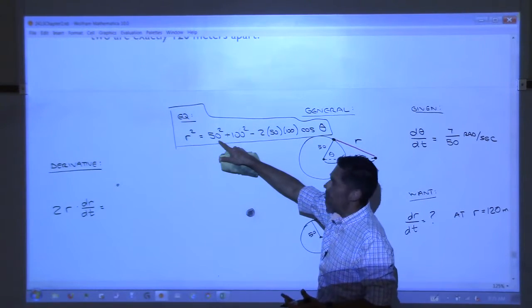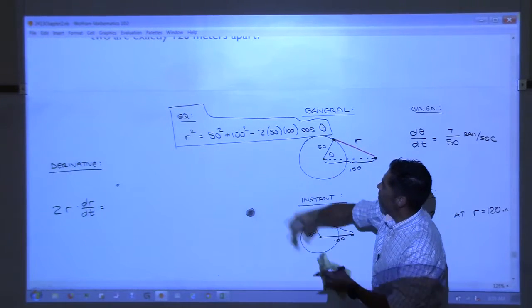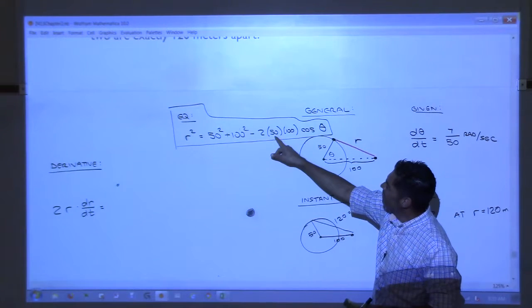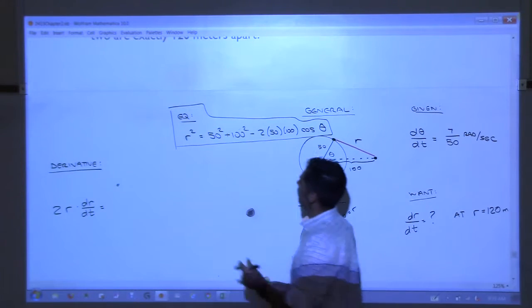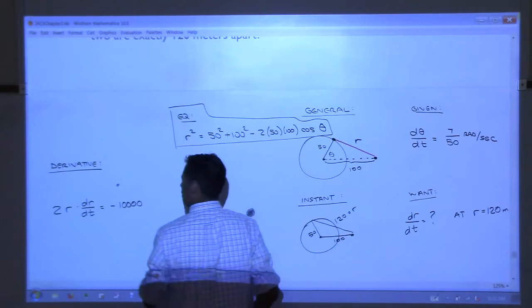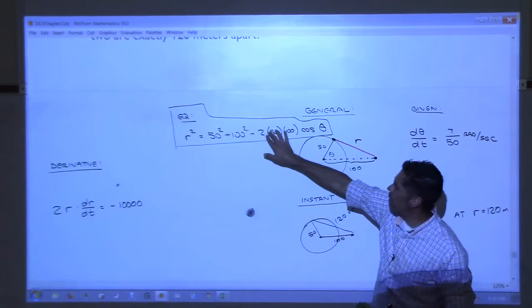It's a constant by itself. Plus the derivative of 100 squared, 0. Minus, now look, all of these constants are attached to this, so they have to be included. 2 times 50 is 100, times 100, so negative 10,000 is going to come for the ride.